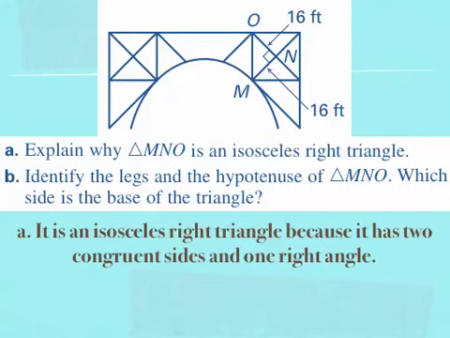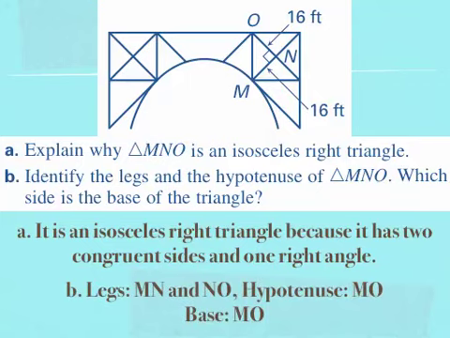Now, it also asks me which side is the base of the triangle. Remember, the base of an isosceles triangle is the side that is not congruent to another side. So in this case, the base is also MO. We have the hypotenuse MO, and MO would also be considered the base of this isosceles triangle.